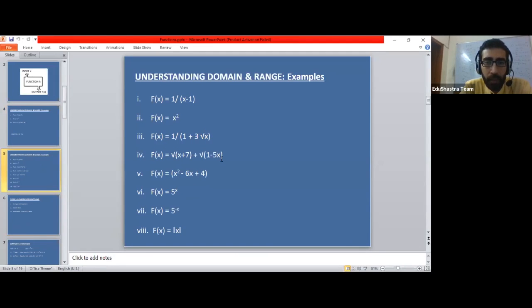Why don't you solve questions from part 4 to 8? Please solve for domain and range, except in 4, find only domain. Just find domain. Range would become a headache for this. Find only domain of part 4 here.